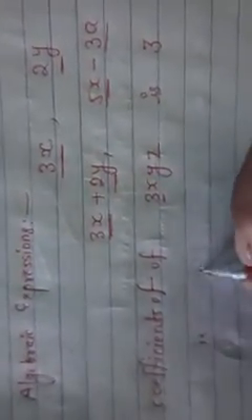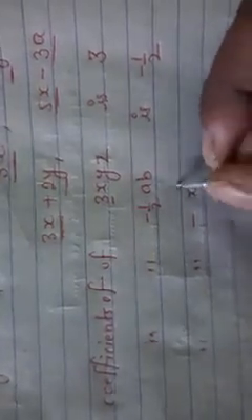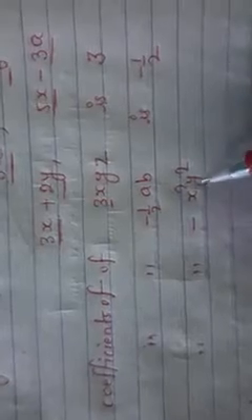Similarly students, the coefficient of minus 1 upon 2 ab is minus 1 upon 2, because minus 1 upon 2 is multiplied with ab. Similarly students, we can find coefficients in any term, like minus x square y square. Now this time we have variables x square y square.